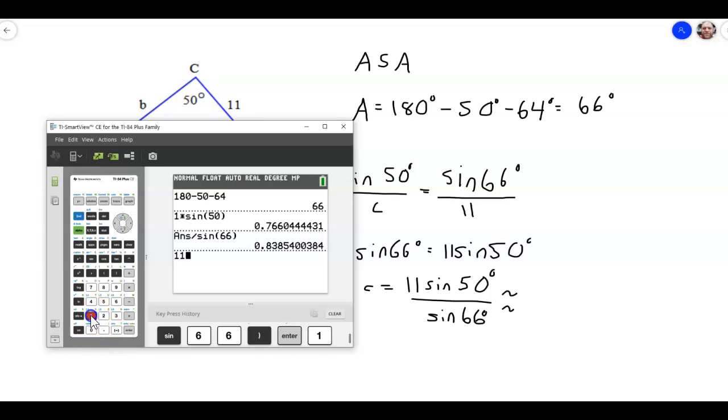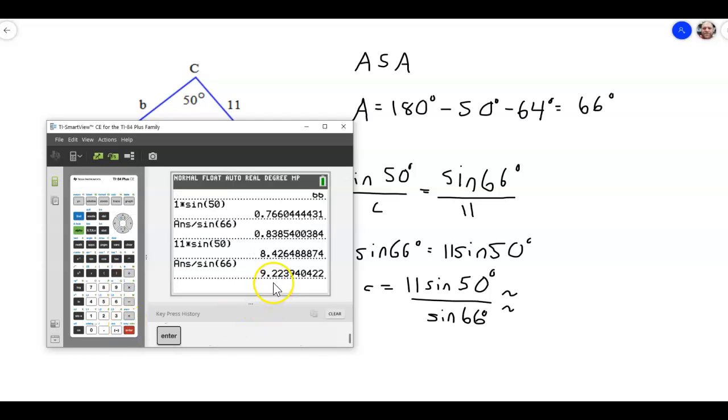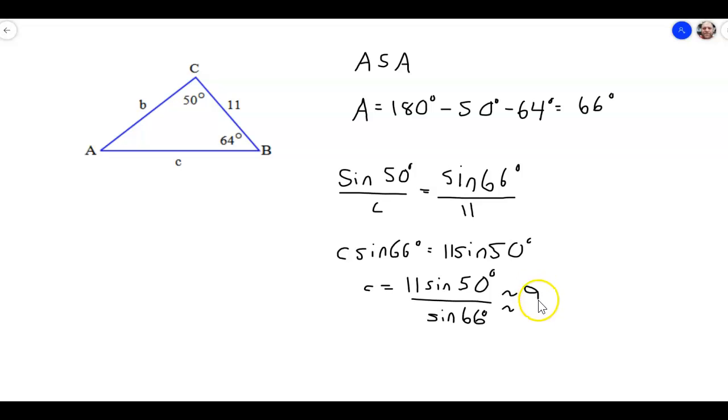Excuse me, let me do that again. 11 times the sine of 50, enter, divided by the sine of 66. So that's going to be 9.2. So that is going to be our c here, approximately 9.2.